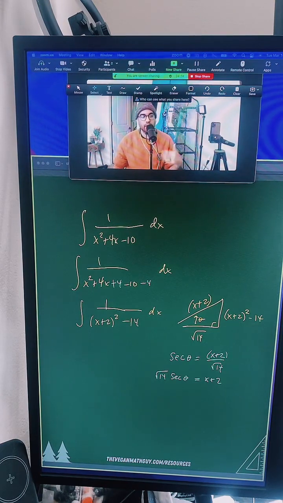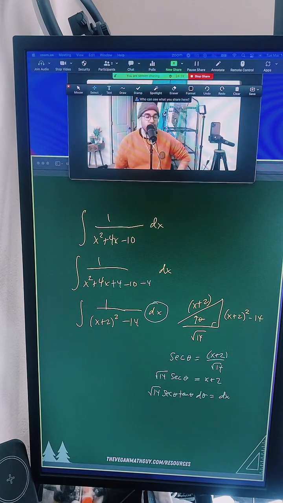This is going to be helpful for us because it's going to help us find the dx. So we're going to differentiate this, and this is going to be secant theta tan theta d theta is equal to dx. So that's really nice because looking at our integral, we have found the dx.